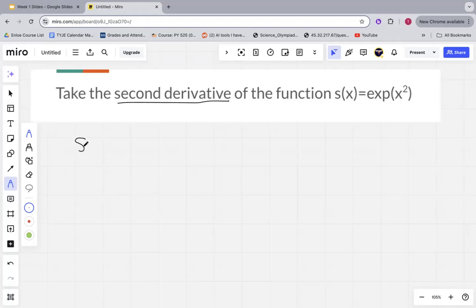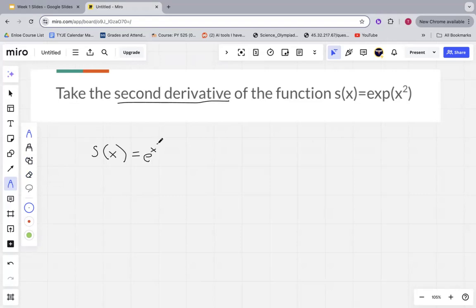So we have s, and we want to find its derivative. I'll rewrite it here. I wrote it this way because it's easy, but the exp just means e to the power.